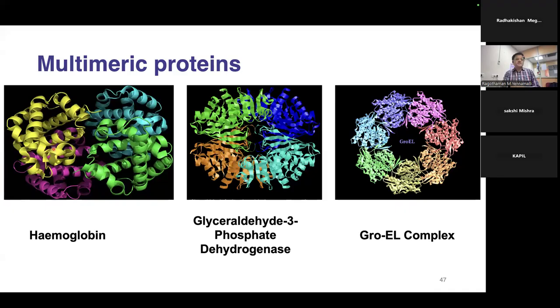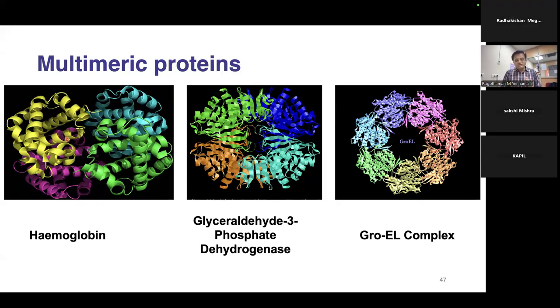It might be the case in glycerol 3-phosphate dehydrogenase or in the GroEL complex, where copies of the same protein are repeated multiple times. So it's a homooligomer or a heterooligomer. It cannot function as a single chain. It has to function as a 4 chain. Then you call them multimeric proteins.